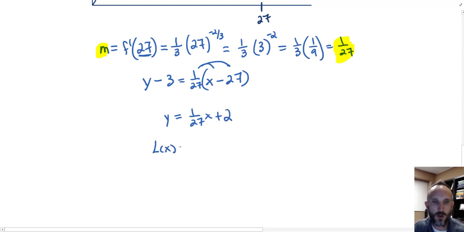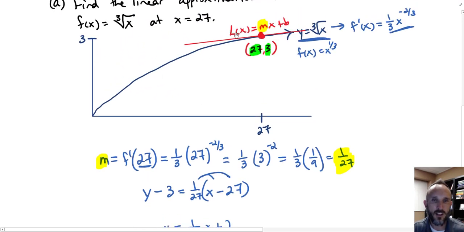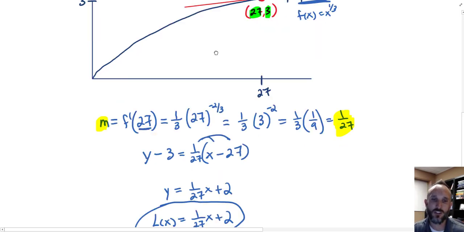So the linear approximation, L of x, is 1/27 times your input x plus 2. And that is what this question was asking us for. It's asking us for the equation of this tangent line, which we've done before. One of the first things we did with derivatives in calculus was find the equation of a tangent line.